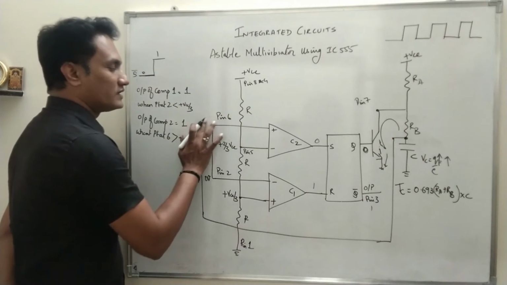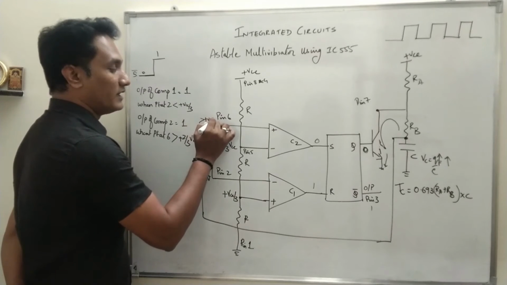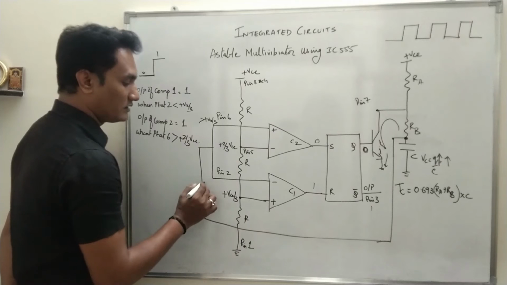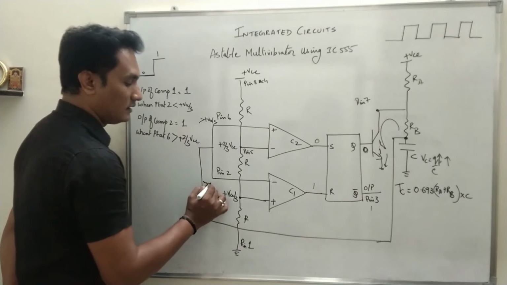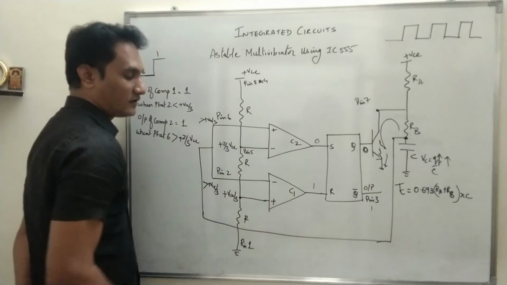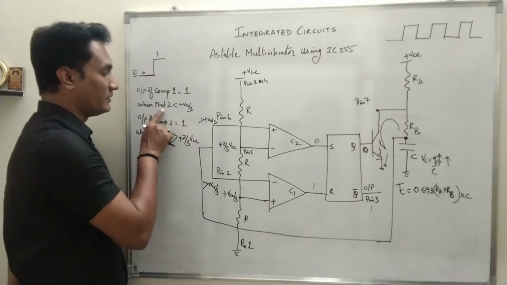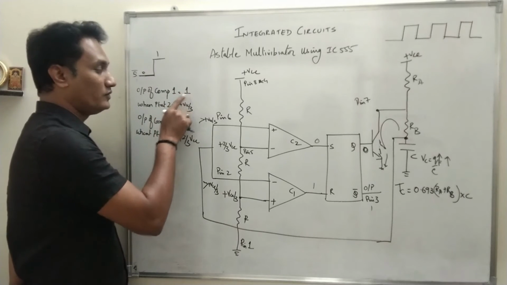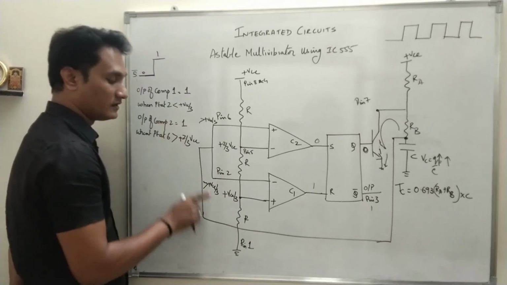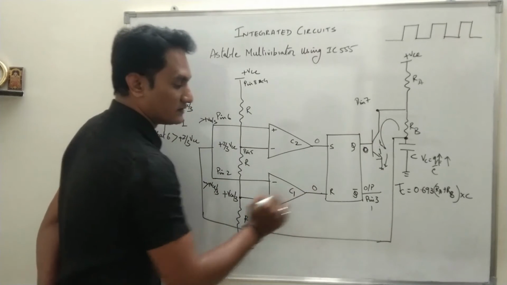Of course, the same potential will be there, greater than plus VCC by 3. Now see the conditions of the comparator. Pin number 2 potential is greater than plus VCC by 3. For the output to be 1, it should be less than plus VCC by 3. As it is greater than plus VCC by 3, the output will be 0.